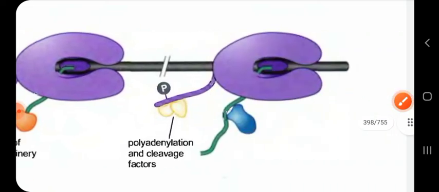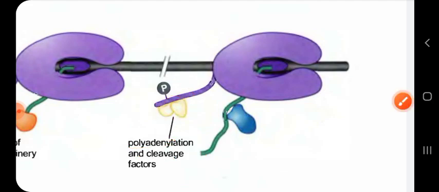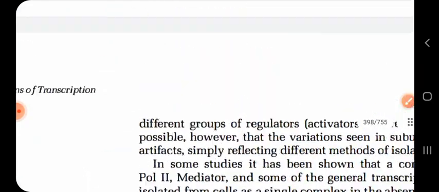And finally, just after the end of the transcription, how does phosphorylation of the tail allow the polyadenylation factors to join and add a polyadenylate tail to the 3 prime end of the RNA. So this was for today's lecture.